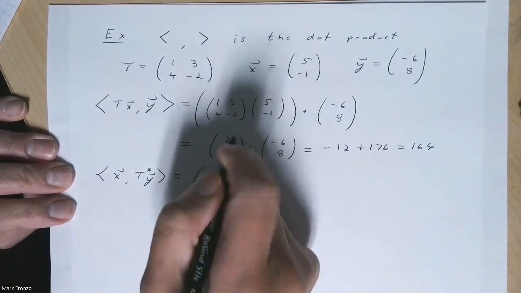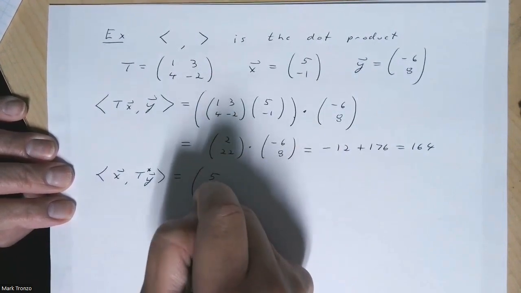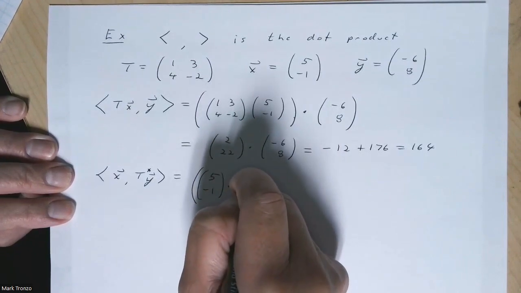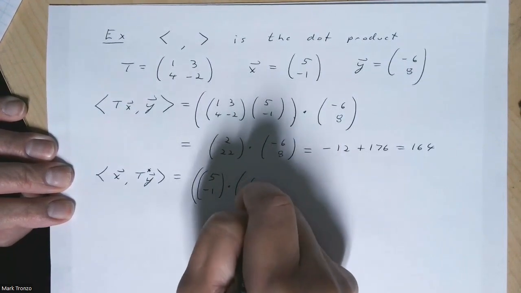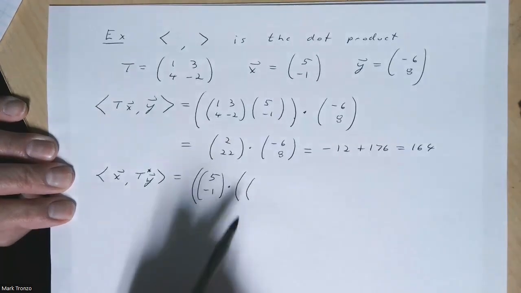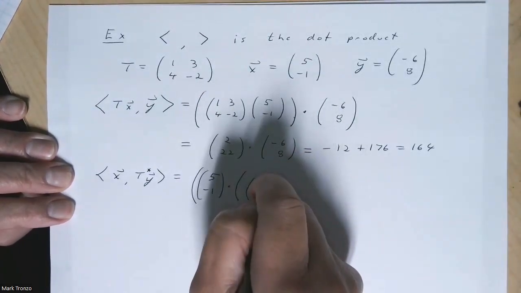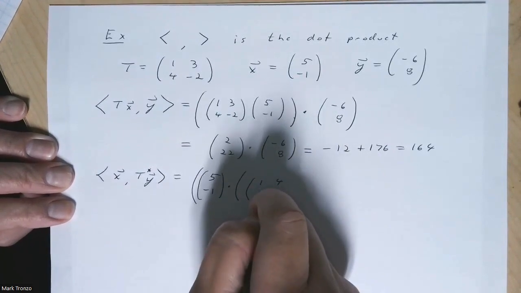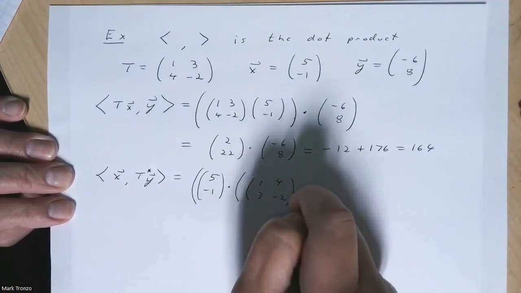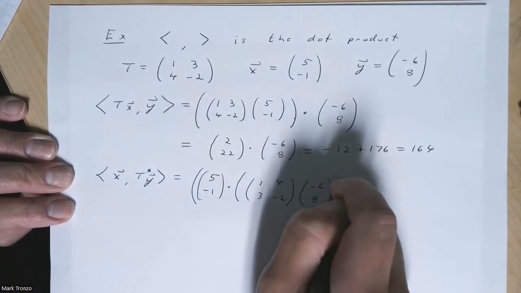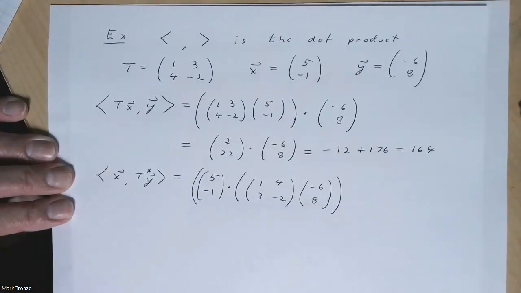This is going to be 5, minus 1 dotted with. Now we want to take the transpose of this. That'd be 1, 4, 3 minus 2, minus 6, 8, like this.